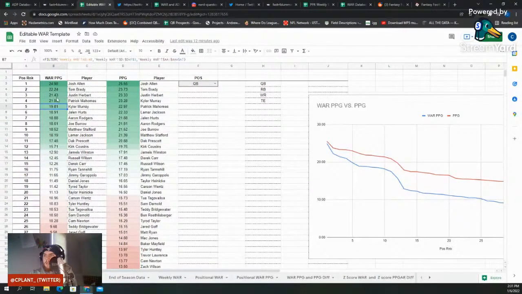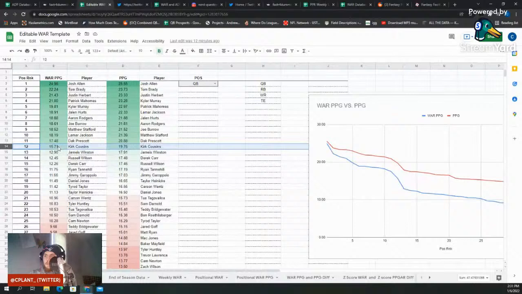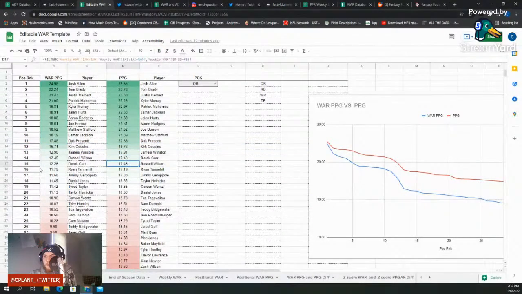Across the board, WAR points per game values them a little bit lower. And then boom, right here, this is a value of 4 points per game, right? And it just gets even worse. This is a value of 5 points per game, 5 points per game, 5 points per game.